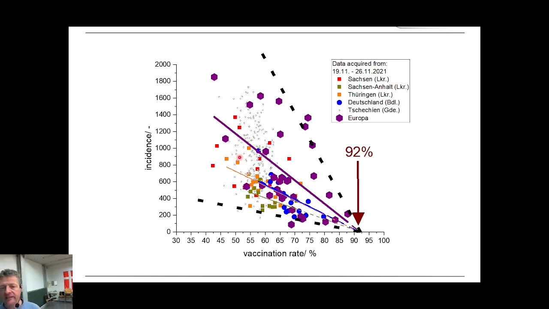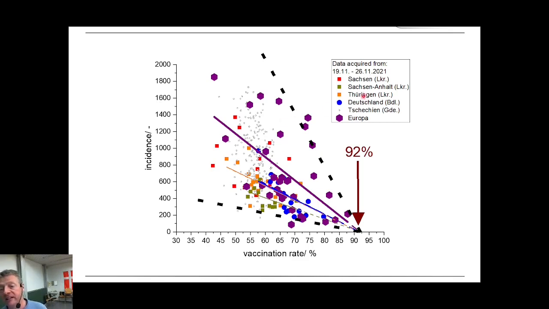Then we had the most, a huge amount of data comes from the Czech Republic. There it was possible to get for each city and the corresponding district the data for incidence and vaccination rate. And these Czech Republic data are these filled gray little circles. Huge amount.